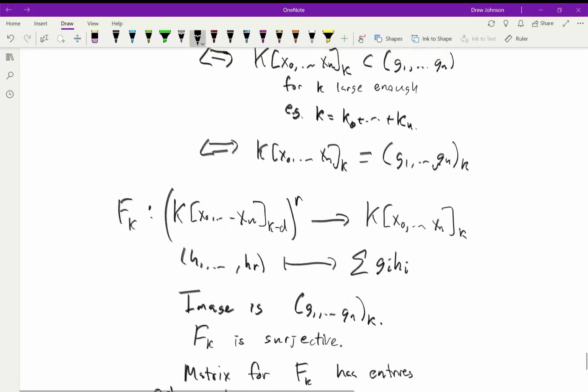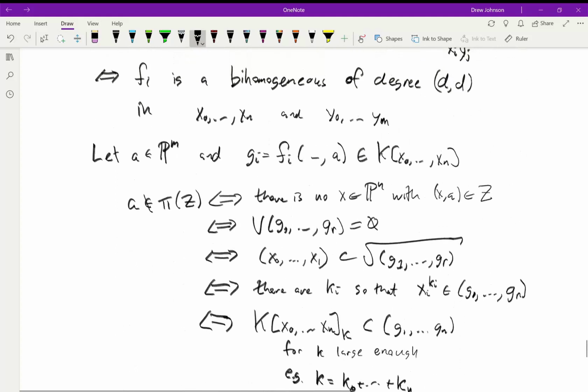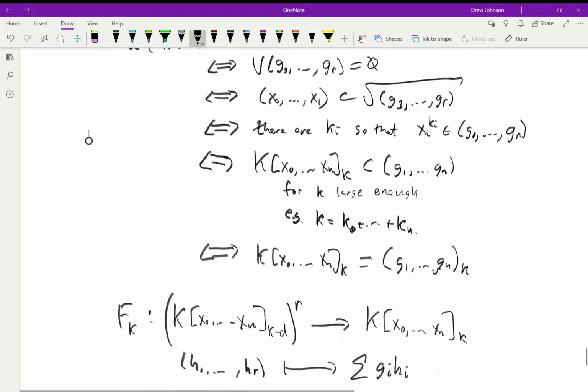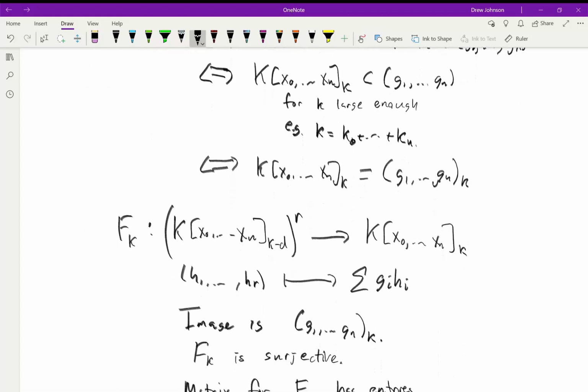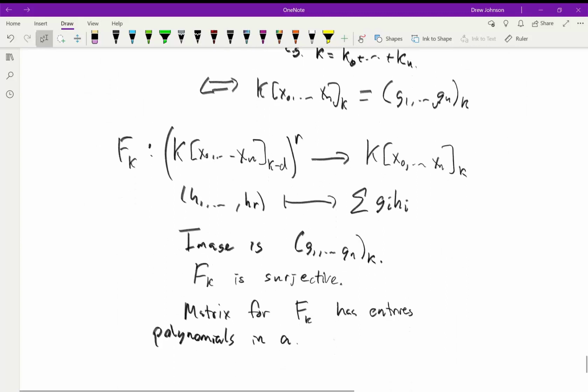Well, this map is basically just defined by multiplication with these gi's. But what are the gi's? Remember, the gi is just equal to fi with A plugged in, so you just have a bunch of A's plugged in there, and those are polynomials. And then the basis is given by monomials in x or something.